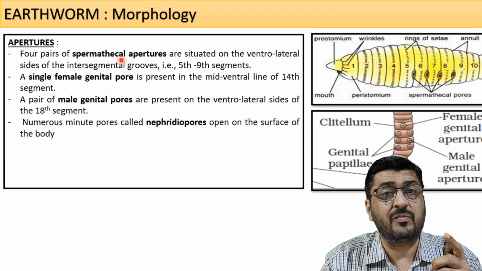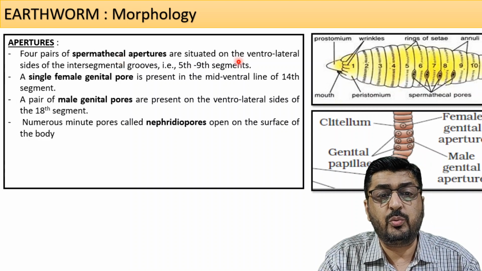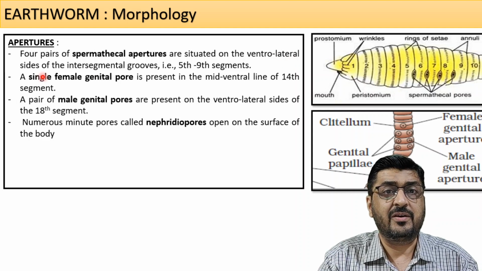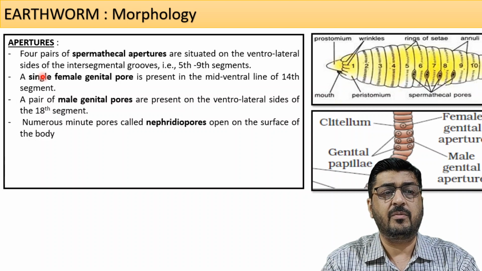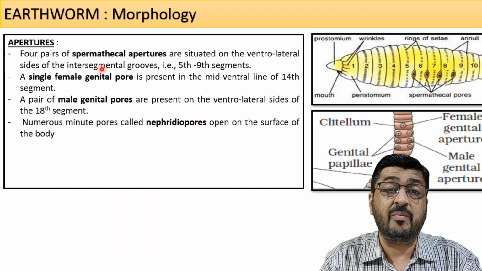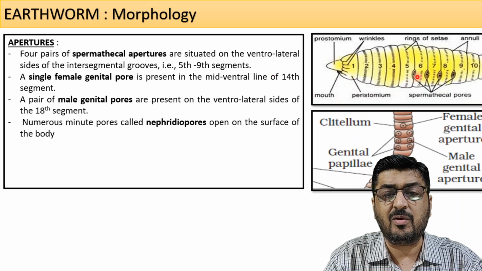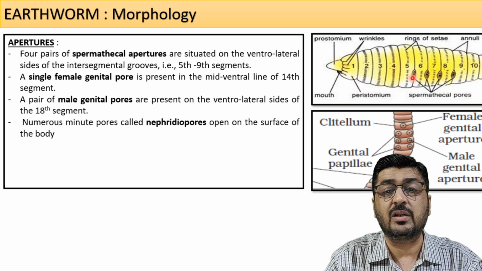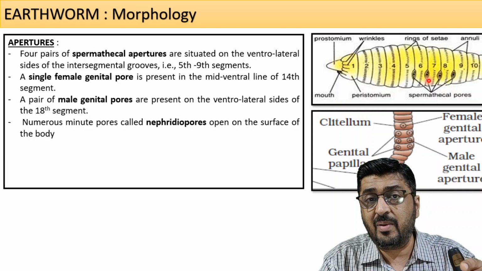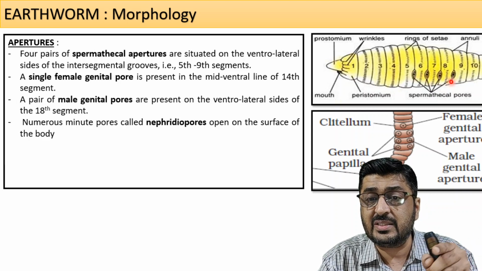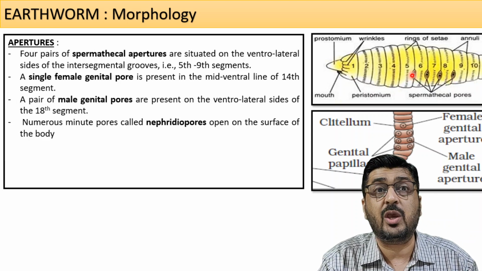So it is not a part of the male system, it is a part of the female system which receives the sperm. Situated on the ventrolateral sides, in intersegmental grooves. Between two grooves, see, the aperture is on the groove between 5 and 6, not the spermathecal bag. The spermathecal bags we will see ahead, they are present in segments 6, 7, 8, 9, sorry. So the aperture is on the groove between 5 and 6.